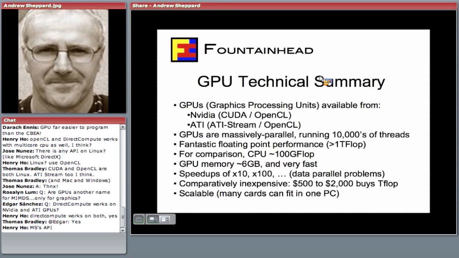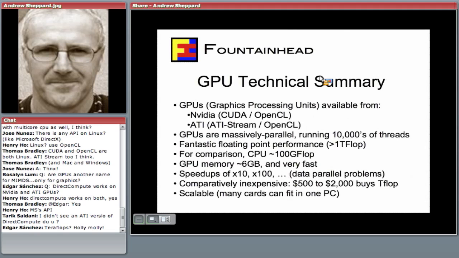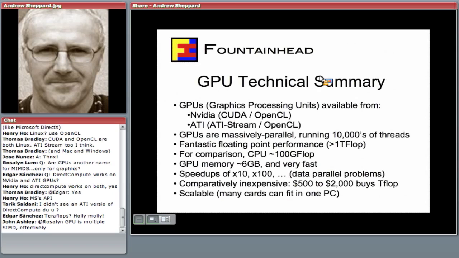It's also the case that you can fit many GPUs into one PC, so you can have a somewhat scalable GPU supercomputer simply by adding additional cards. And these cards are comparatively inexpensive. A high-end graphics gaming GPU, which again has all the logic and all the memory and works with the APIs fine, is about $500 to $600, and that'll get you a teraflop.